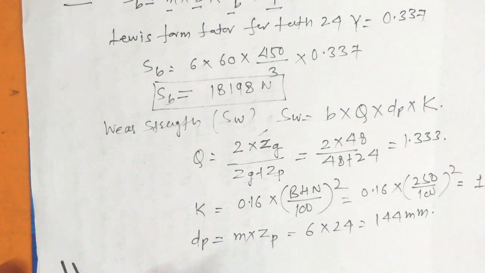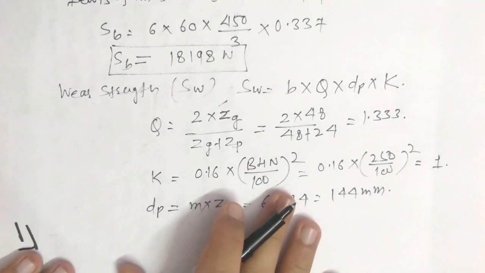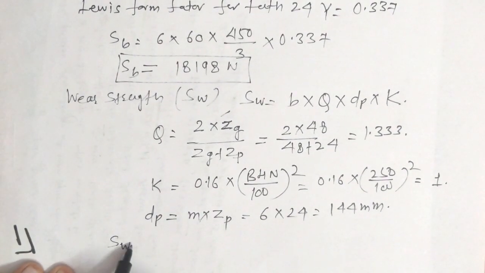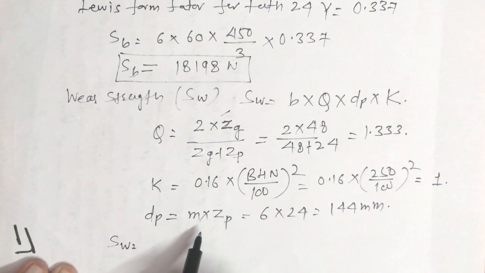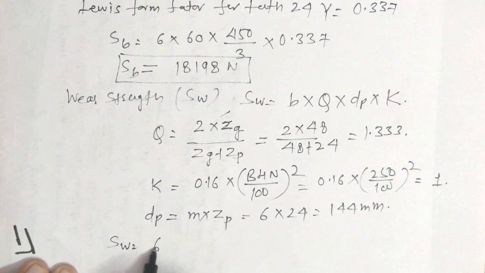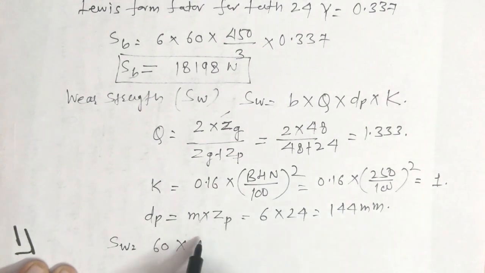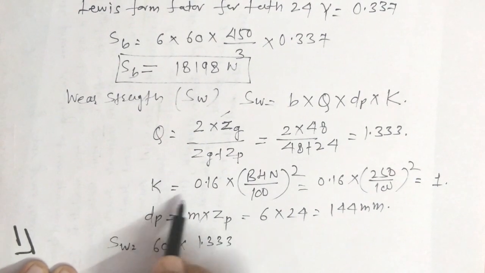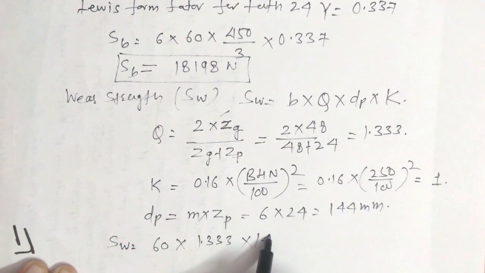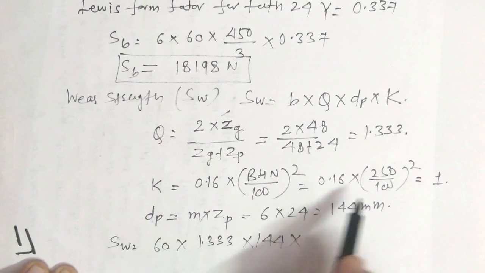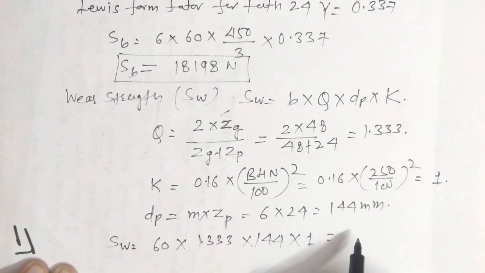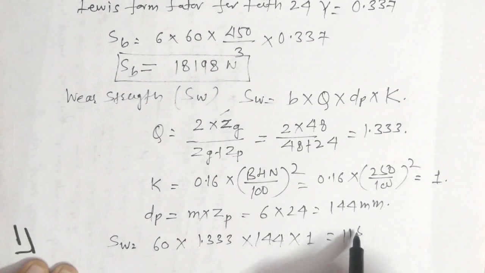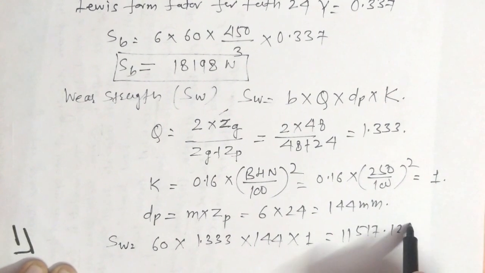So using all these values we can calculate wear strength SW. So B face width is given as 60 and Q is 1.33 and dP is 144 and K is 1. So this becomes 11,517.12 Newton.